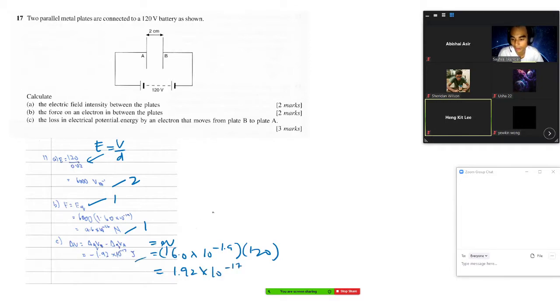You used another method, but the answer is correct, so you are considered correct. So you have full marks for this one, 7 over 7. Next we go to question number 18.